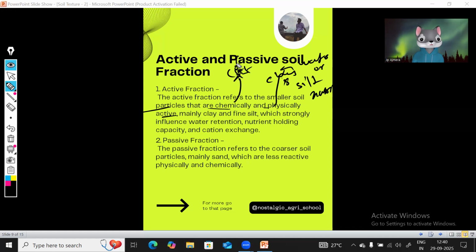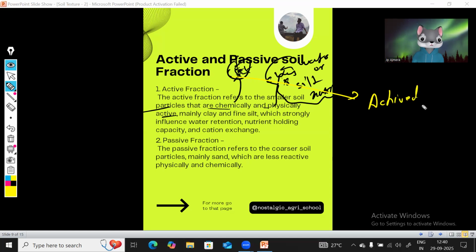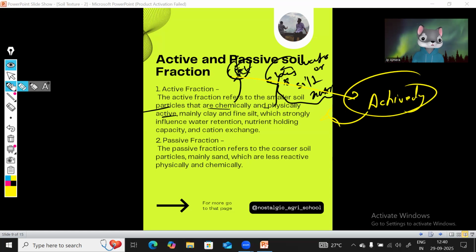So they participate more in these kinds of activities. So it is highly active. That's why we call it active fraction.